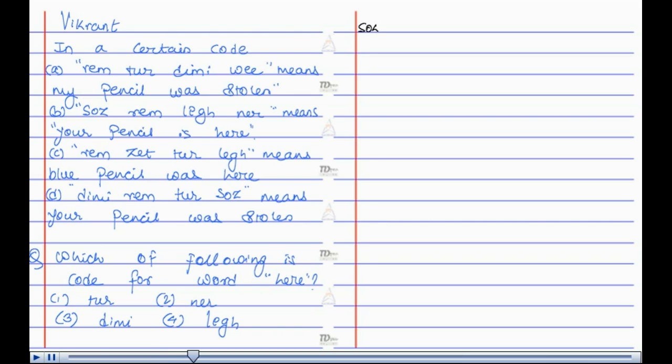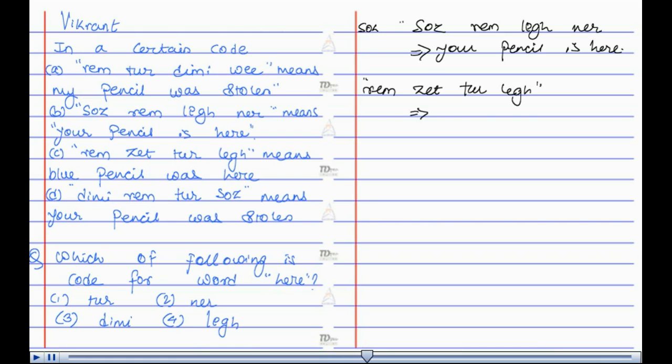The solution is, if you look at statements 2 and 3, we can say that "so's rem leg ner" means "your pencil is here," and "rem z to leg" means "blue pencil was here."